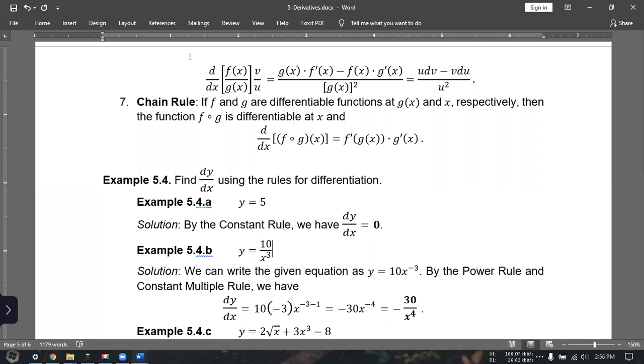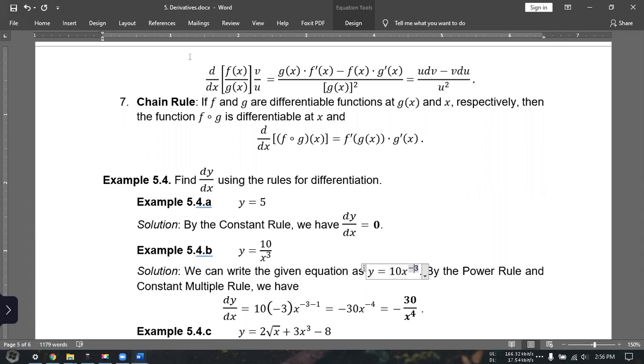For example, we have 10 over x cubed. This can be written as y is equal to 10x raised to negative 3 by laws of exponents. We have the form cx raised to n, so we use the constant multiple rule and the power rule.